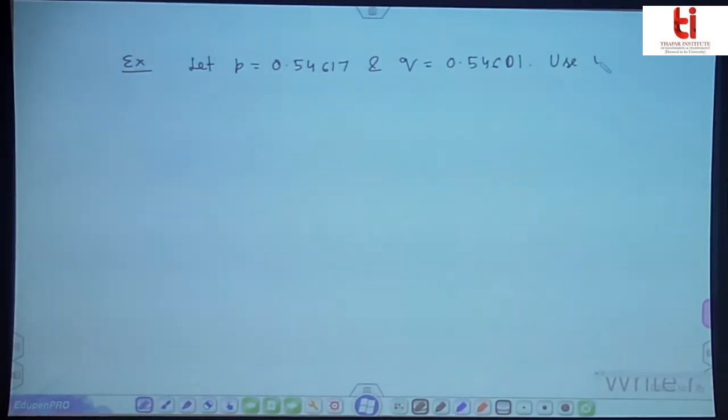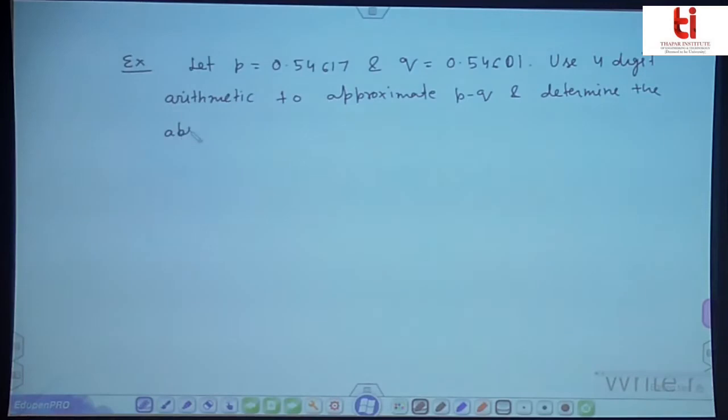Use 4-digit arithmetic to approximate p minus q and determine the absolute and relative error using rounding.